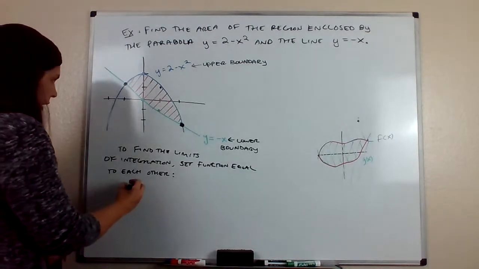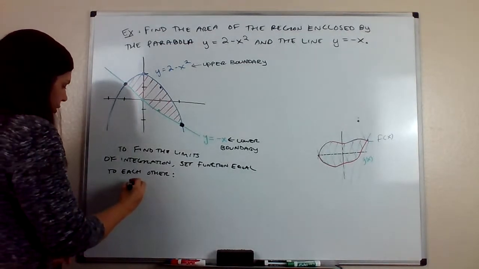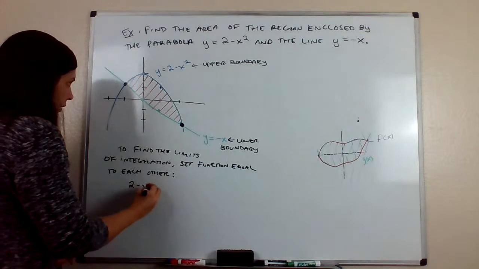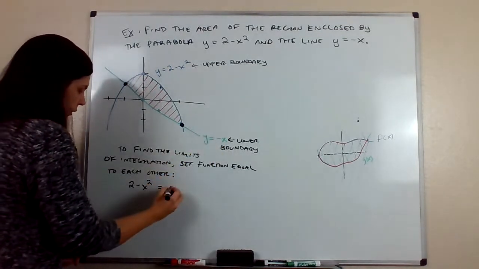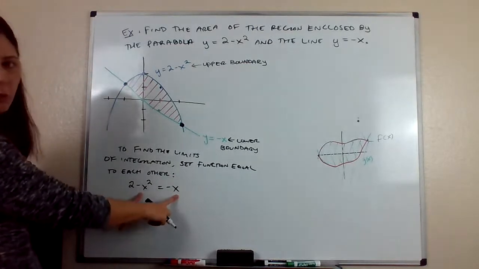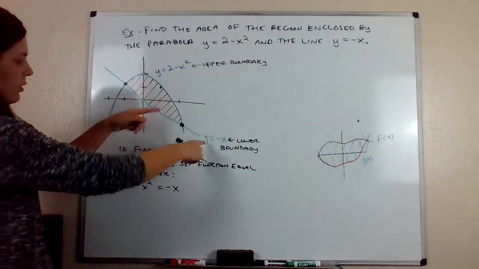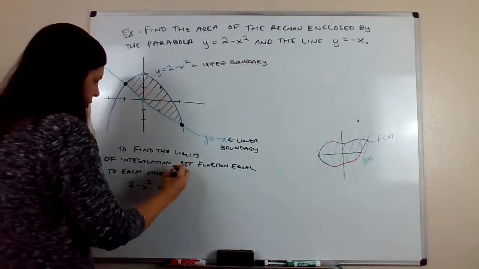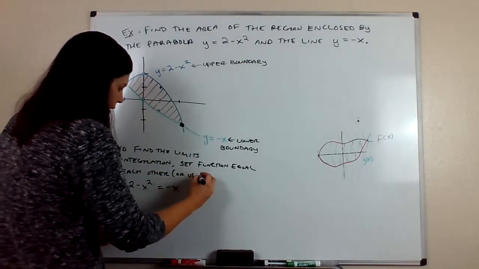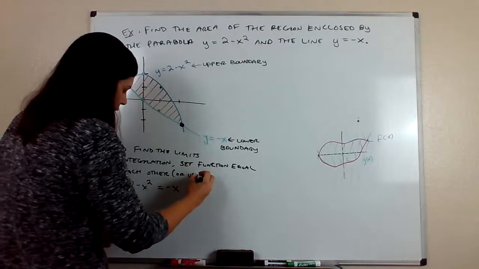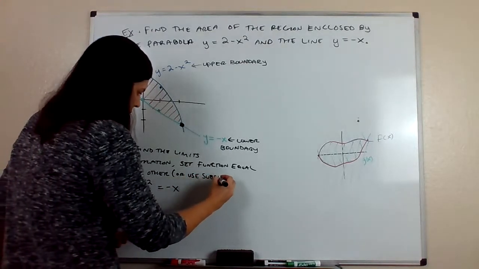So if I say y equals 2 minus x squared and y equals negative x, these both equal y. So set them equal to each other, or use substitution.